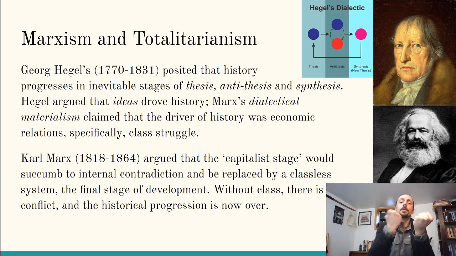The antithesis is the rejection of the main idea of that age. Now, the rejection of the idea is because people react to ideas. It could be because the idea has contradictions in it, and the contradictions get worse and worse. And finally, there's conflict, resulting in synthesis, which is a new thesis that combines the thesis and the antithesis. So Hegel argued that these ideas drove history. We have an idea, it has contradictions, we resolve the contradictions, we get a new idea.